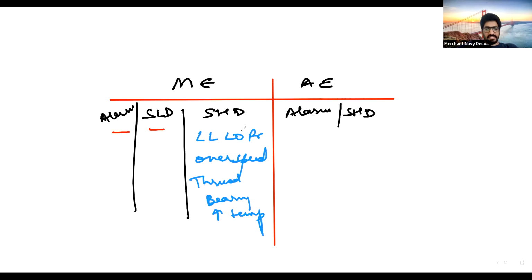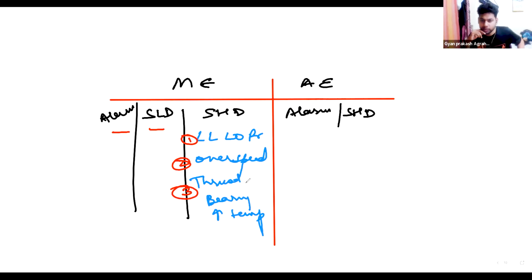Only 3 shutdowns are there in MAN B&W engine. So 1, 2, 3. Thrust bearing high temperature is, sir, where fitted and for what?